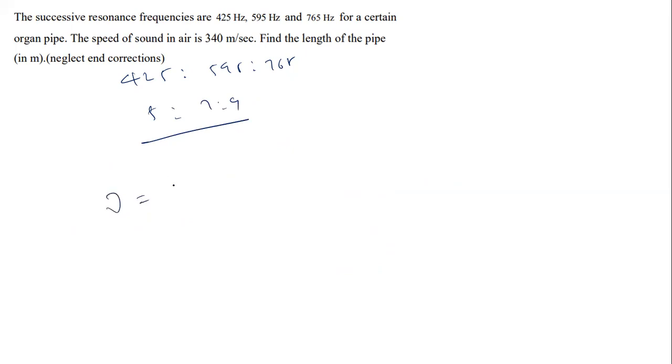Frequency is equal to nV by 4L. Clear. So 425 is equal to 5 into V, given as 340, by 4 into L. Arrange this. What do you get? The answer, you will get L is equal to 1.